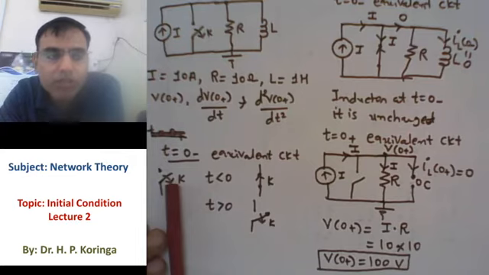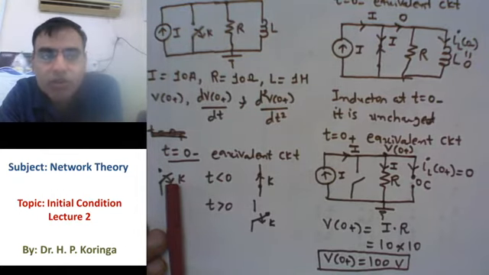From that equivalent network, we will get information about whether the capacitor or inductor is charged or uncharged, and if charged, the value of the charge. Then we draw the network at t equal to 0 plus by replacing all components with their equivalent components at t equal to 0 plus. From this network we'll get the value of V0 plus or I0 plus, whatever we want to find out.